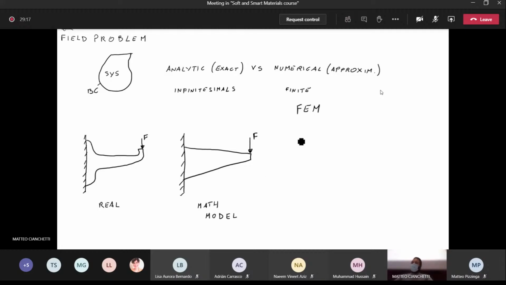And then, or in alternative, you can also approach the problem with the finite element method. So you have again a fixed support, and then you can have, let's say, the structure that is very much simplified but defined with finite elements like this.